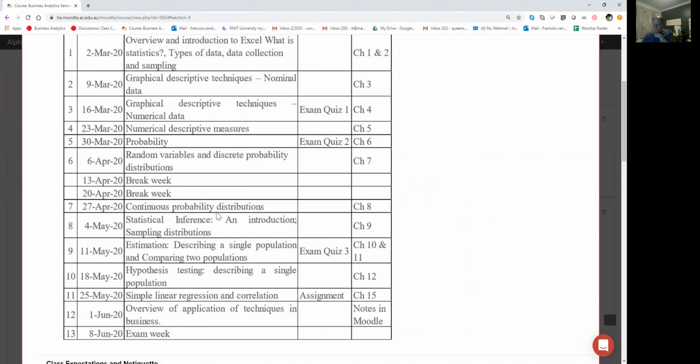Okay, so where we are at the moment is we've done this continuous probability, and then we're going to look at statistical inference and how do you draw conclusions from samples, and then we're going to look into estimations, how to describe a single population. And then looking at hypothesis testing, is one better than another? So my aim is to release the assignment next week, or as soon as I can, hopefully Friday.